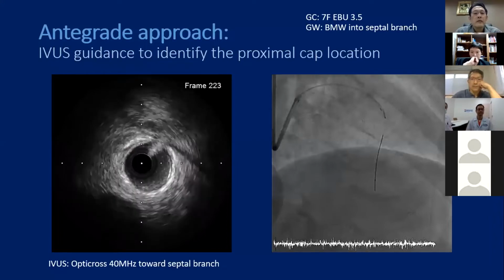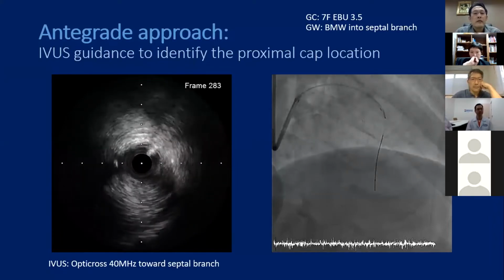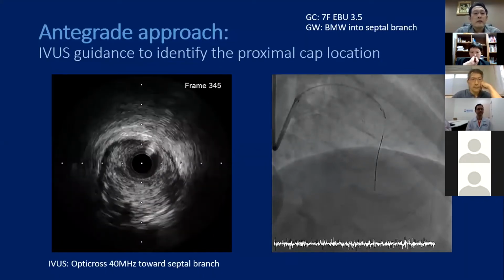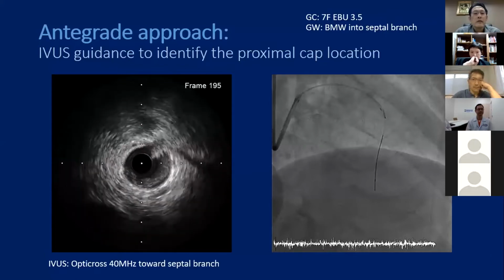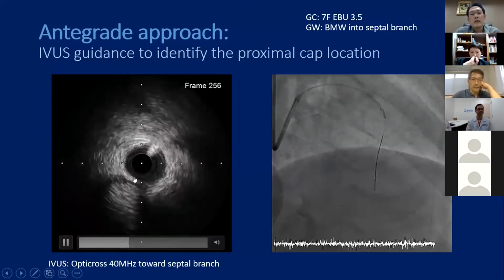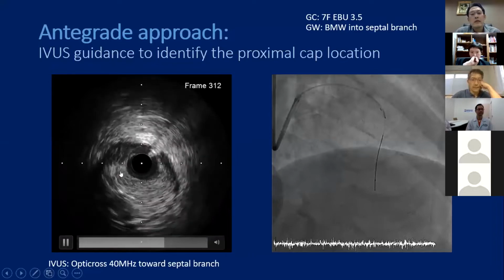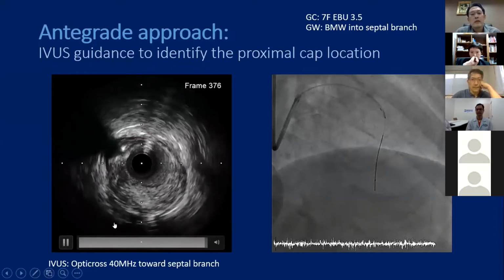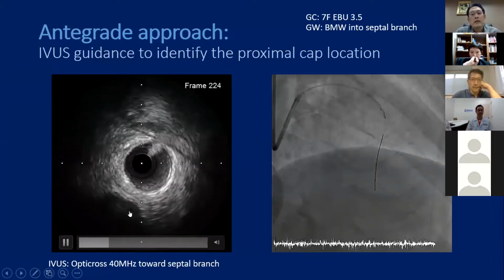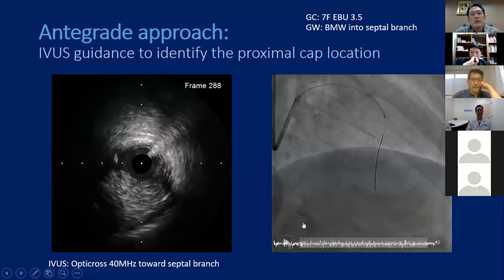So I put the wire in the septal branch and I do the pullback. So you can see that this is the proximal cap of the CTO coming here. So I do the marking.